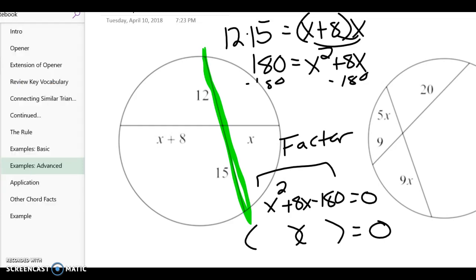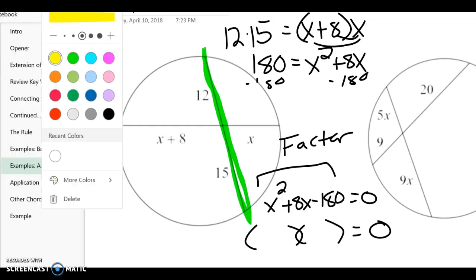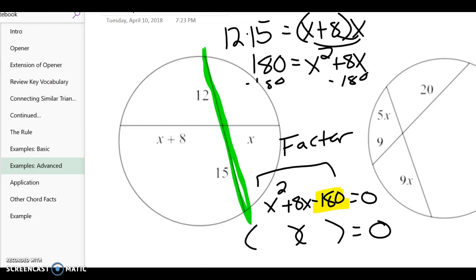So I have to look at factors of 180, and I want them to add up to 8. Factors of 180 that add up to 8. Well, the easiest way to do this is to start listing those factors of 180. And unfortunately, there's a whole bunch.